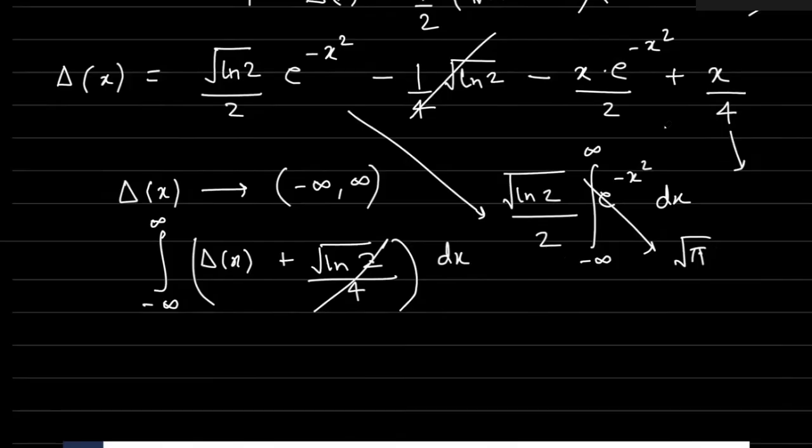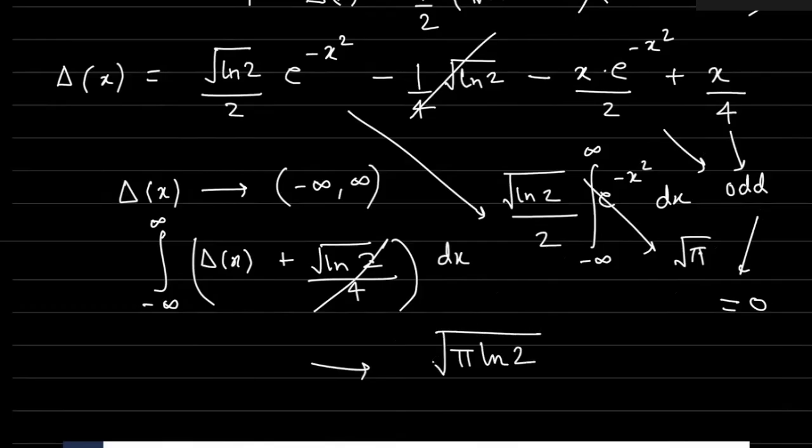Note that this and this are odd functions. So therefore its integral, because it is symmetric, will vanish to 0, and your final answer will become pi ln 2 in the root by 2. Okay.